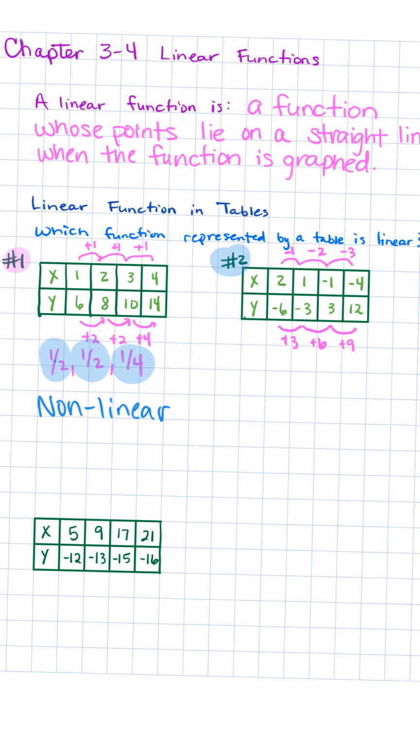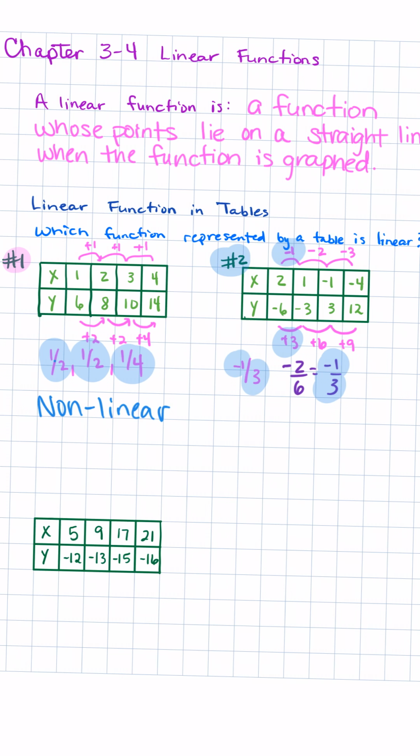So we have -1/3 as our first one. And then our second one is -2/6, but that could be reduced to -1/3, which is the same as this first one.